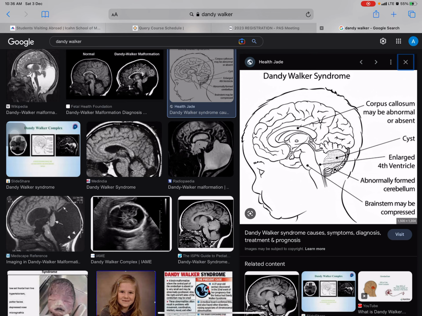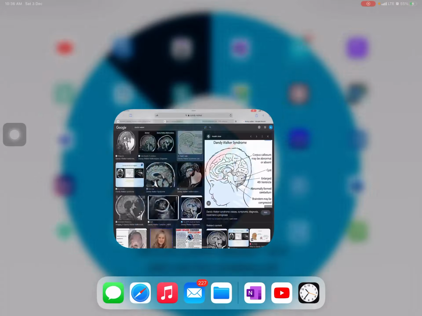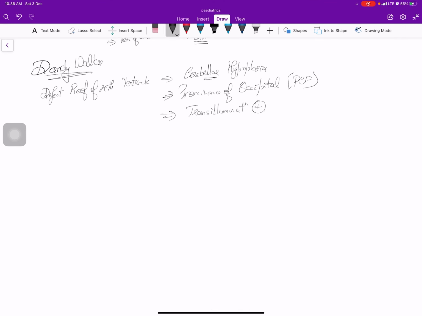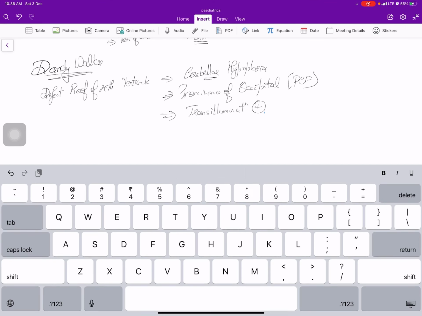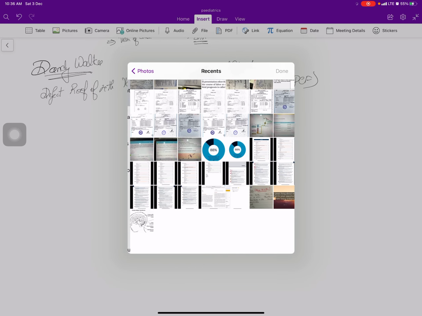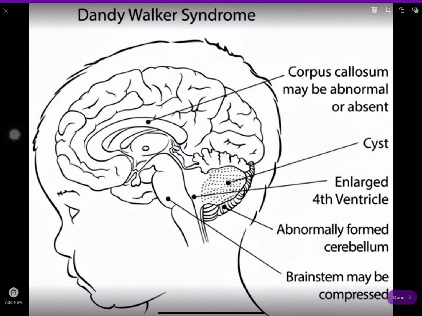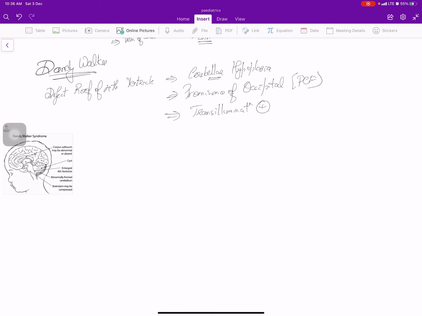There's no roof of the fourth ventricle. There's cerebellar hypoplasia. Okay, can we see this image? So like we said, we're going to have no roof. You can see there's no roof here. There's supposed to be a roof here, which isn't there.